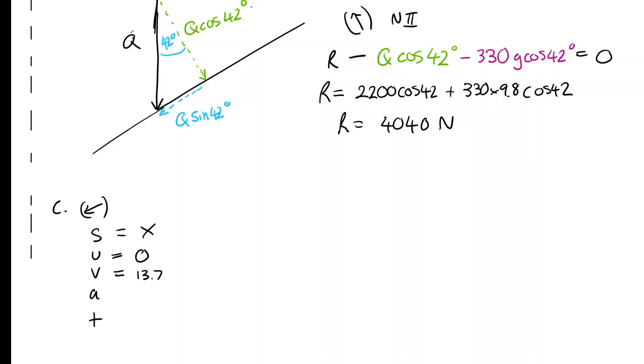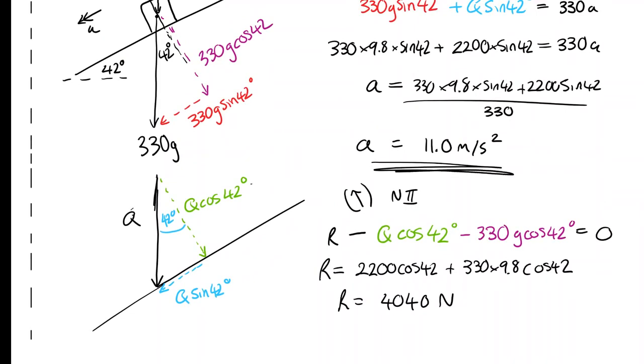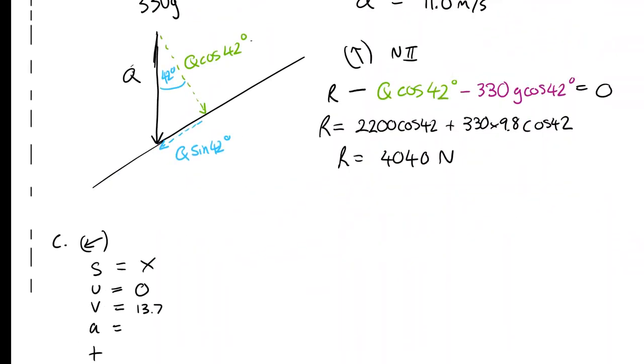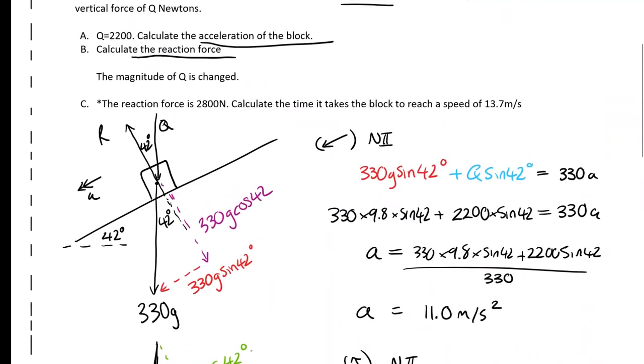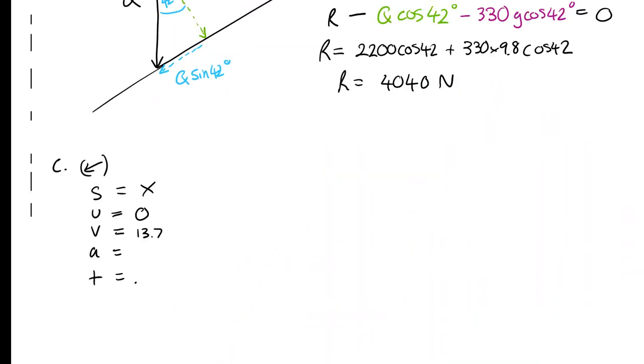It gets up to a speed of 13.7 meters per second down the slope. The acceleration we don't know, because it's not this value here, because that was the value when Q was 2,200, but now Q has changed. So we don't know that. And the time is what we are after. Calculate the time it takes. So we'll put a question mark there.